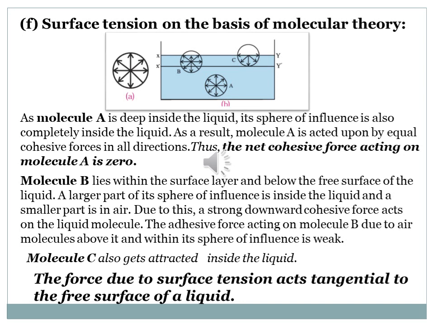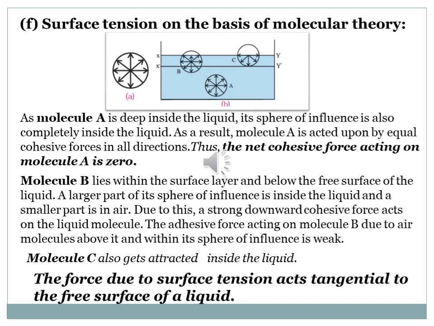Alright. Let's move towards the next molecule, B. What happens with B? Some part is in air and some part is in liquid. You can see that a larger part of molecule B is in the liquid and a smaller part is in air.